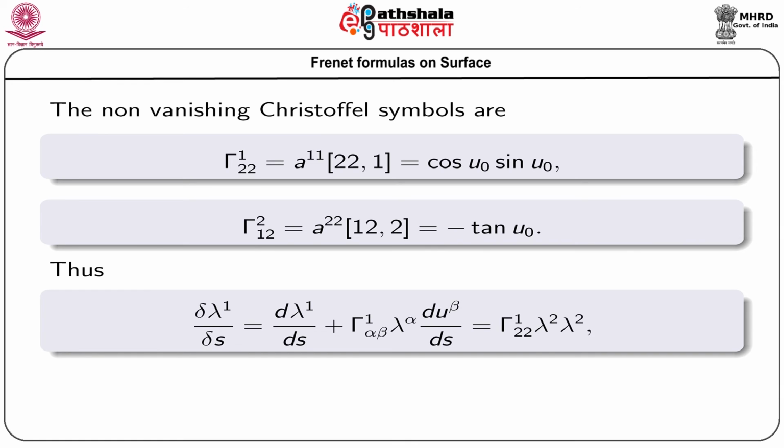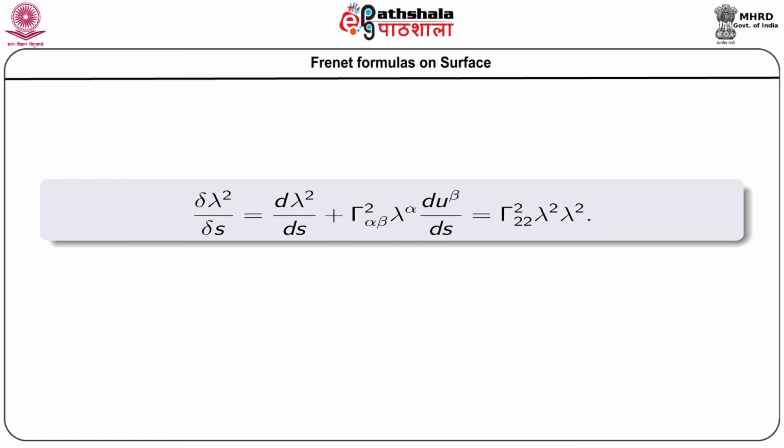So, the expression of del lambda 1 del S will be equal to this one, gamma 1 2 2 lambda 2 lambda 2, and del lambda 2 del S can be expressed in the form of gamma 2 2 2 lambda 2 lambda 2.